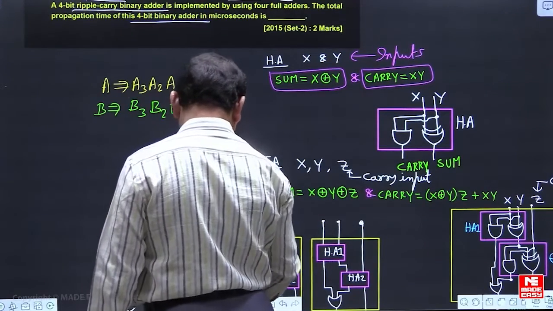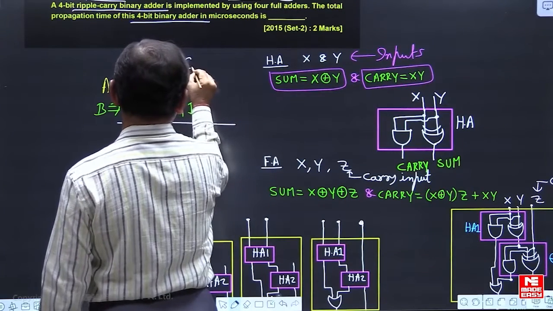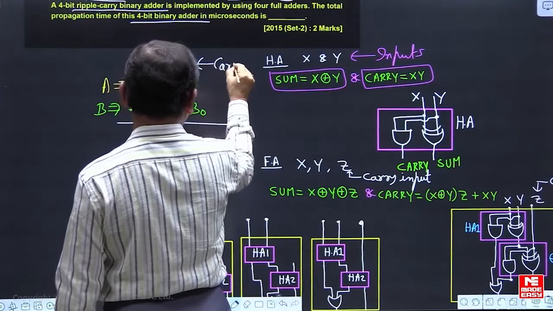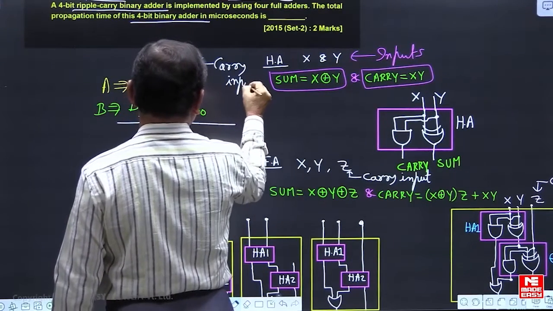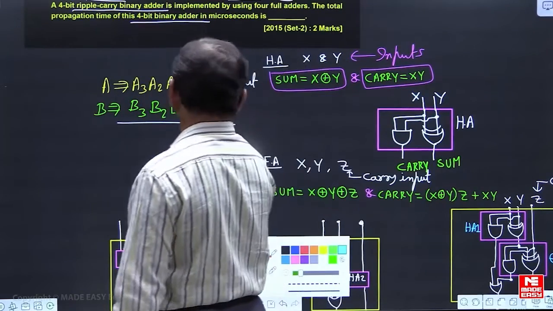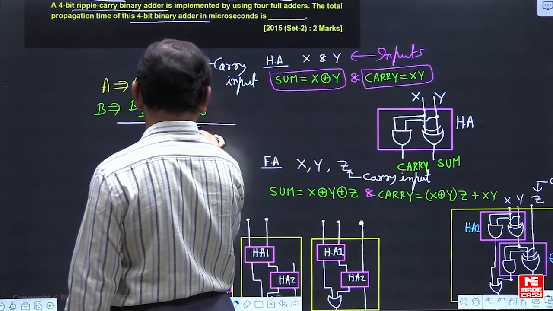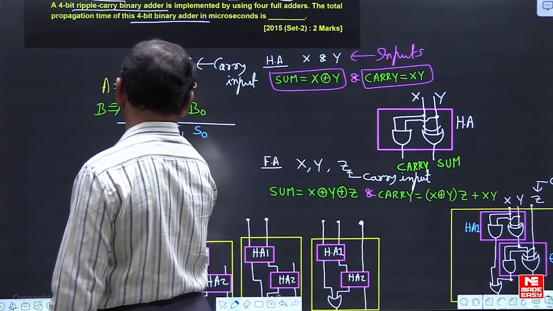And we have a carry input. Now from this, the sum outputs will be S0, S1, S2, S3.